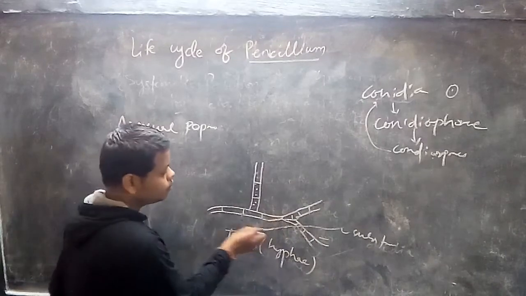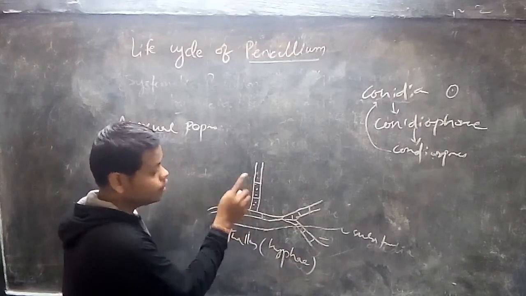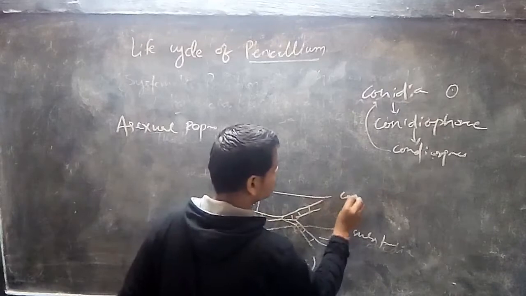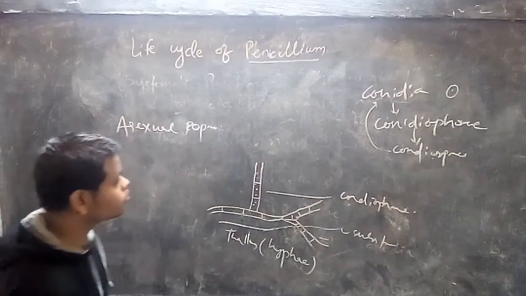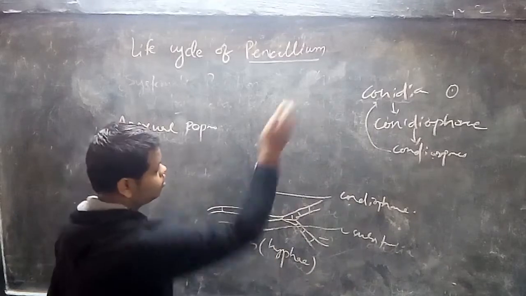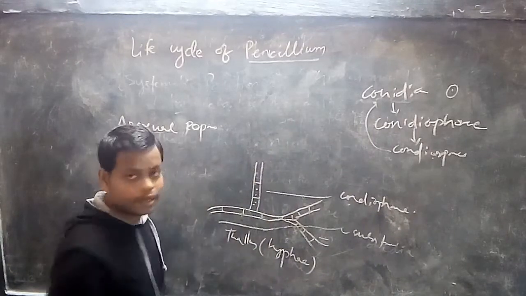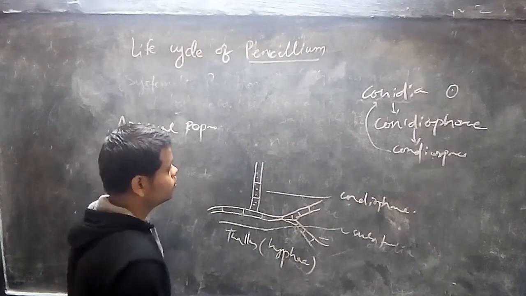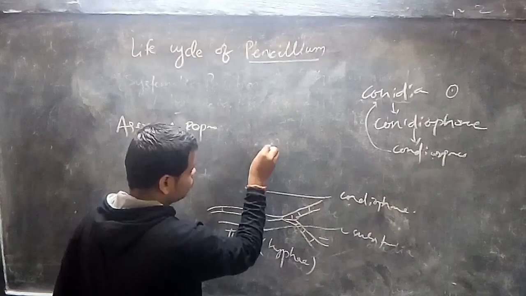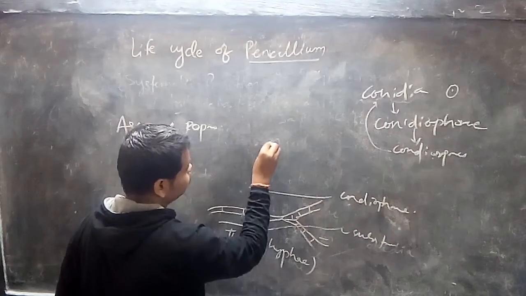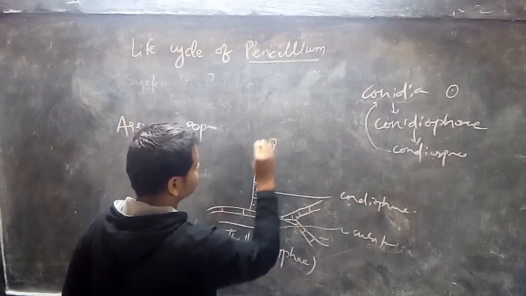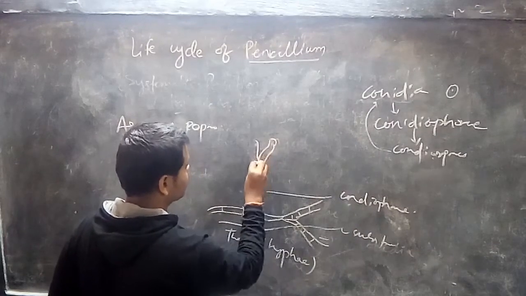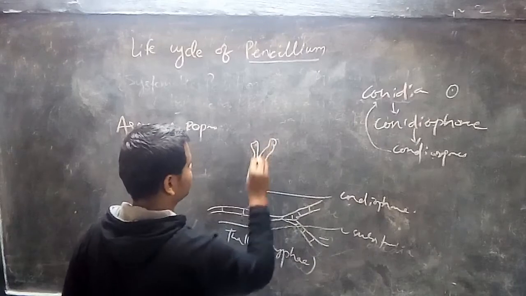From this aerial part, the conidiophore arises. Now, at the apex of the conidiophore, some bottle-like structures are present, like this.